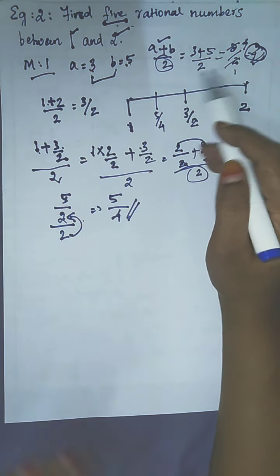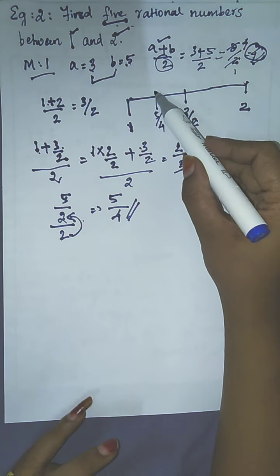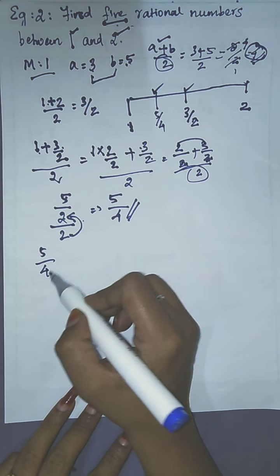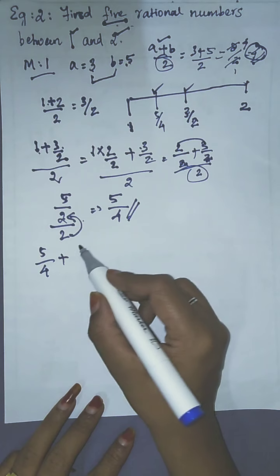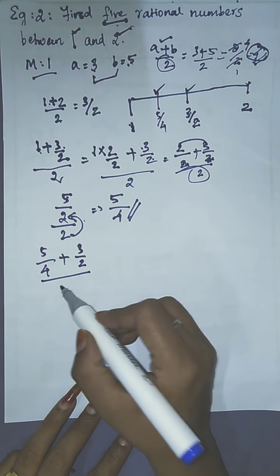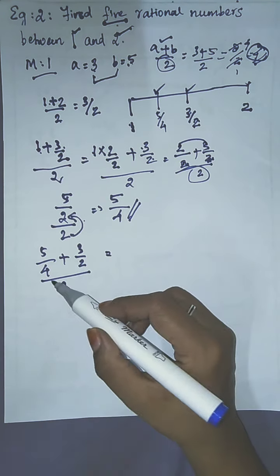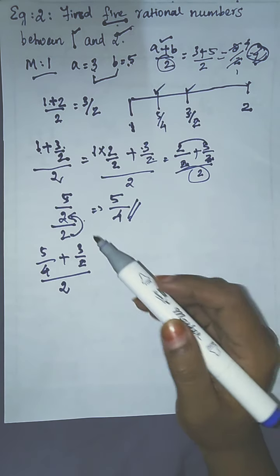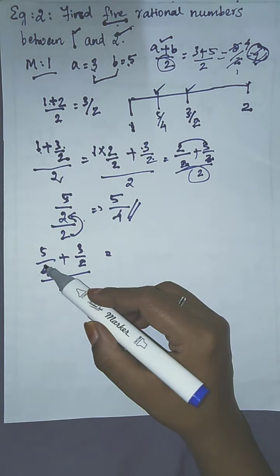Again we can use any two numbers. So I am just going to use these two numbers. So 5 divided by 4 plus 3 divided by 2, divided by 2. Here also we have to take LCM. So we know the LCM is 4, right? So here already the number is 4.